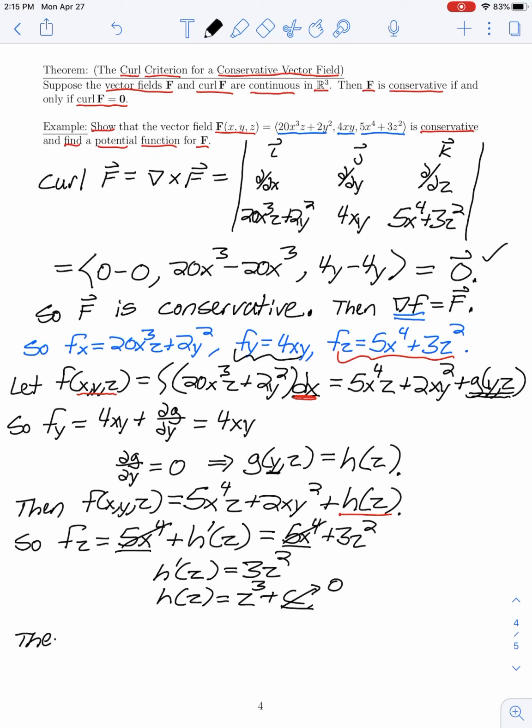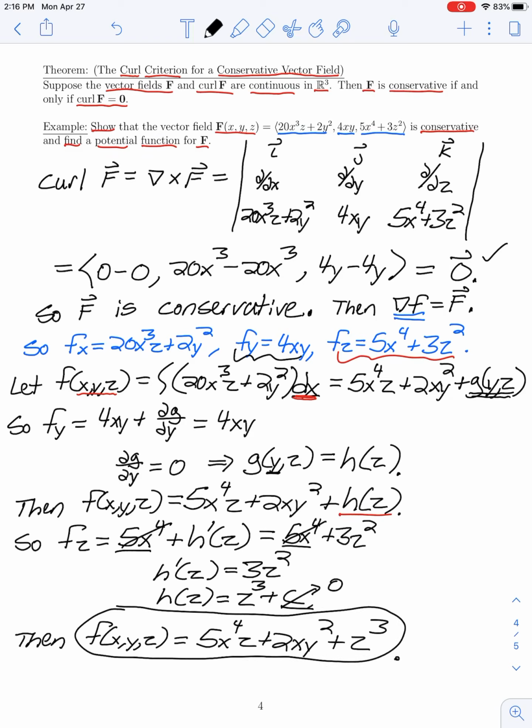So finally, we find that a potential function for this field, f of x, y, and z, would be of the form 5x to the 4th z plus 2xy squared plus h of z, which was z cubed.